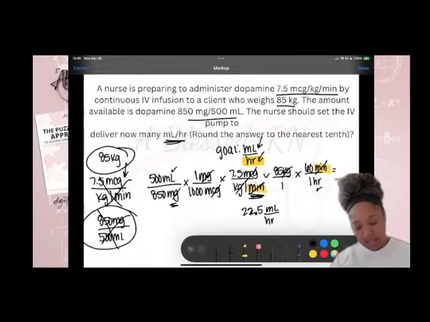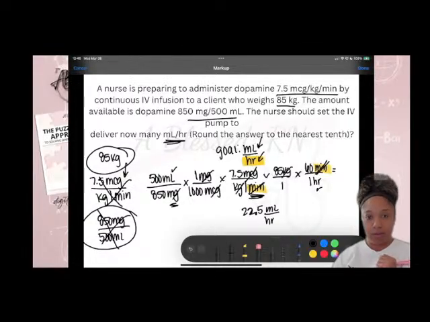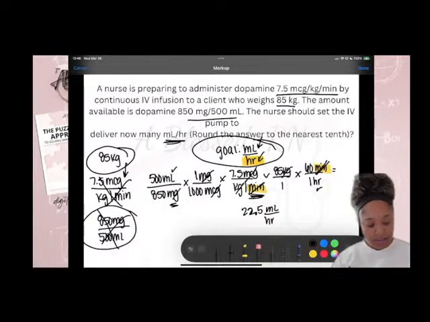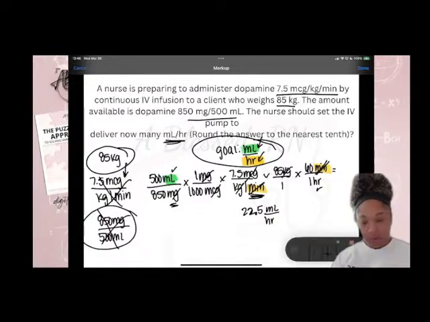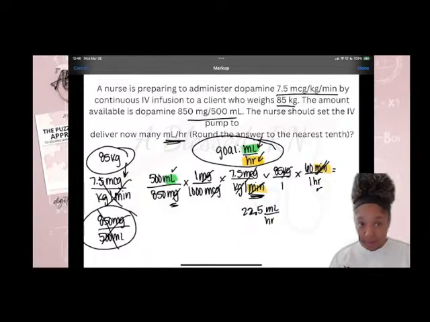So then your minutes are at the top and they cancel out. You're trying to make your equation look like the goal. You want milliliter on the top, which we started with. We always start with that top goal. Everything else that comes behind it has to go either on the top, on the bottom and cancel out, or it's the goal. When we got to minutes, minute wasn't an hour, but I know I can convert 60 minutes to 1 hour.